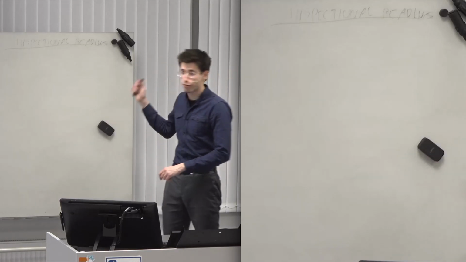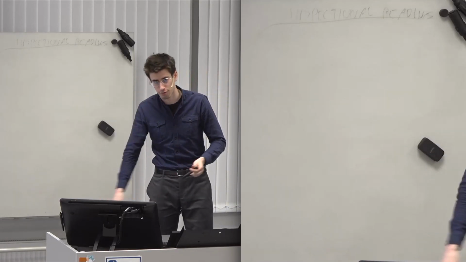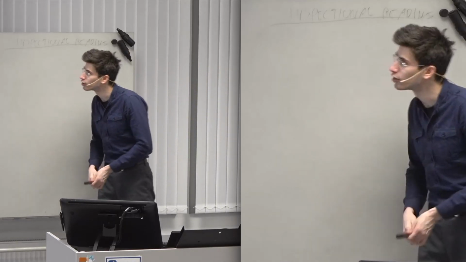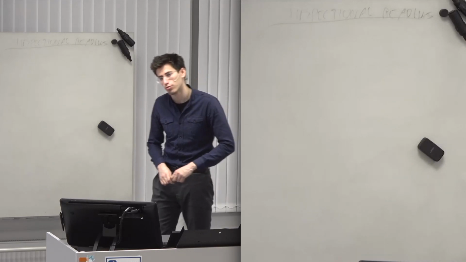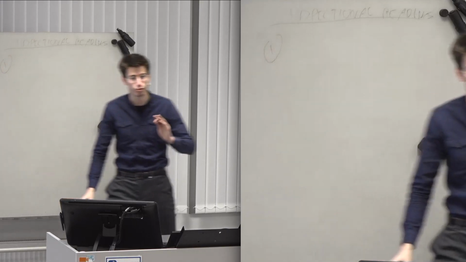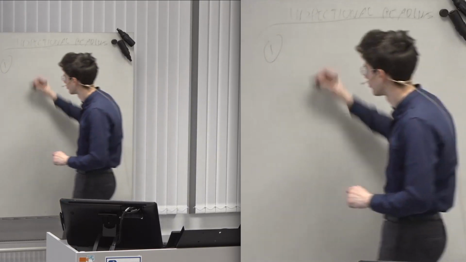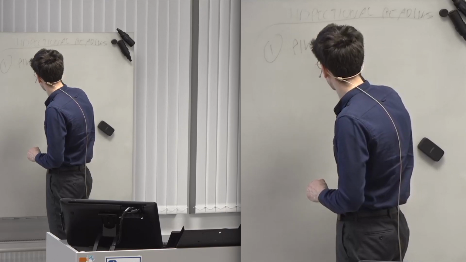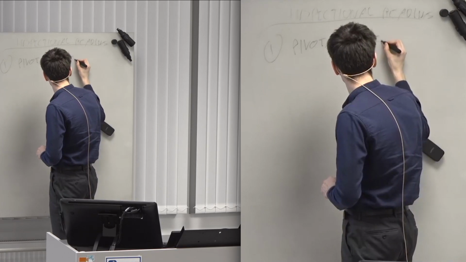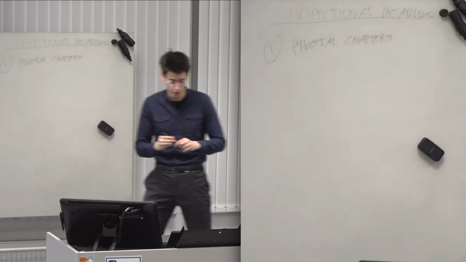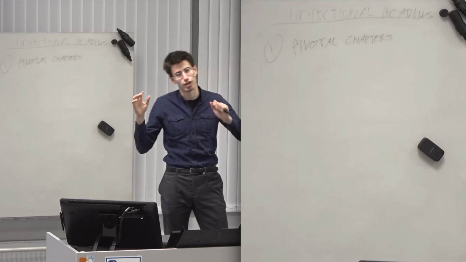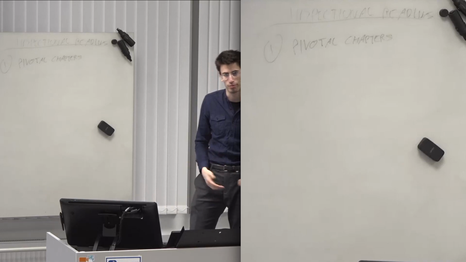So, after you have decided to read the book, you then can do more steps in inspectional reading. The next thing that you have to do is find out the pivotal chapters in the book about its argument or its theme.